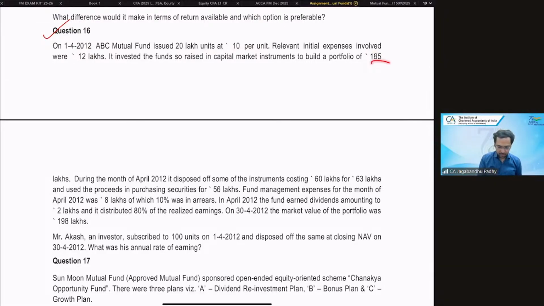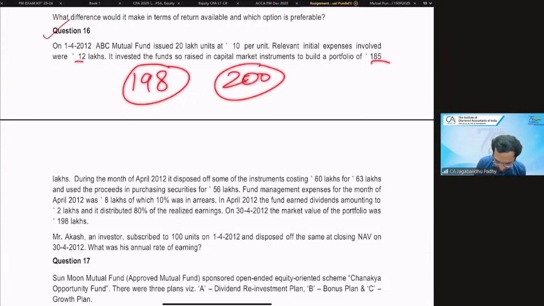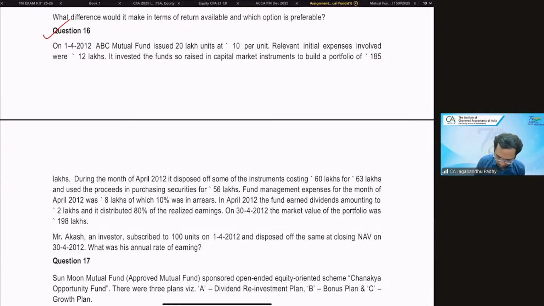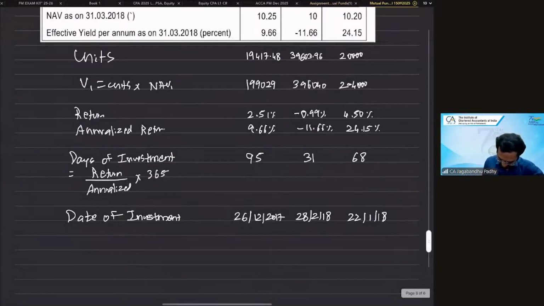So 185 plus 12 is 197, and we have raised 200. So where is the difference? 3 lakh, where is it going? Is it loss? Initial, recurring expenses?